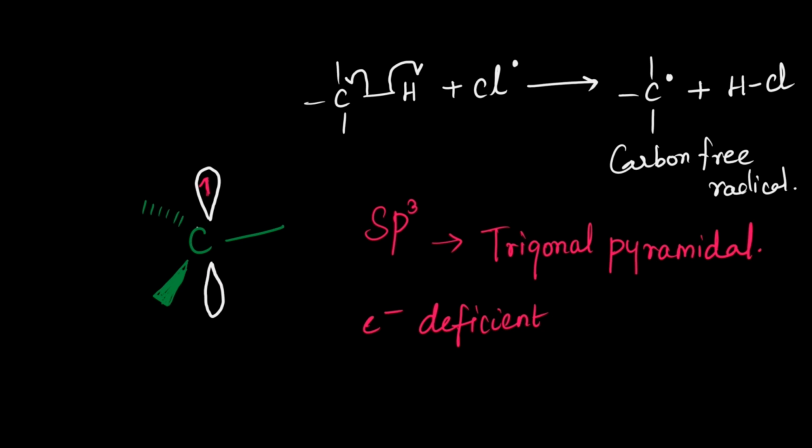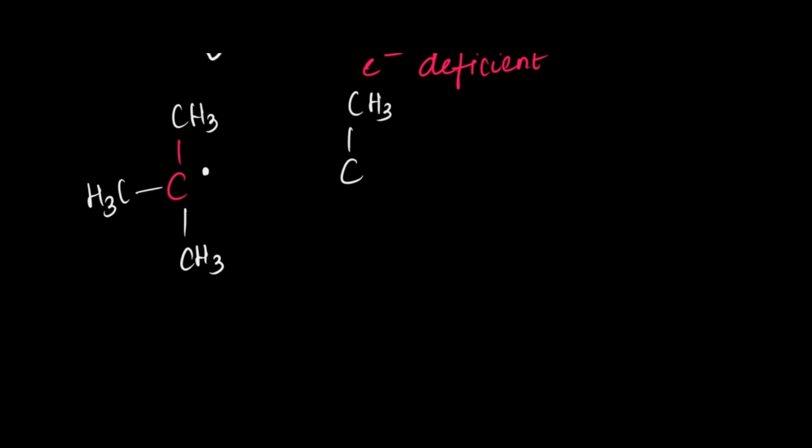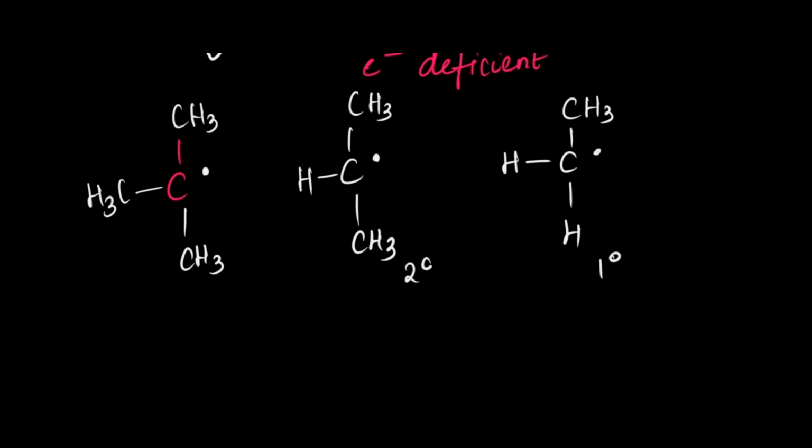Okay, so what about the intermediate stability? Which intermediate would be more stable? If I am comparing a tertiary carbon, with CH3 on all three sides and one radical, with a secondary carbon, and with a primary carbon, out of these three, which is more stable?